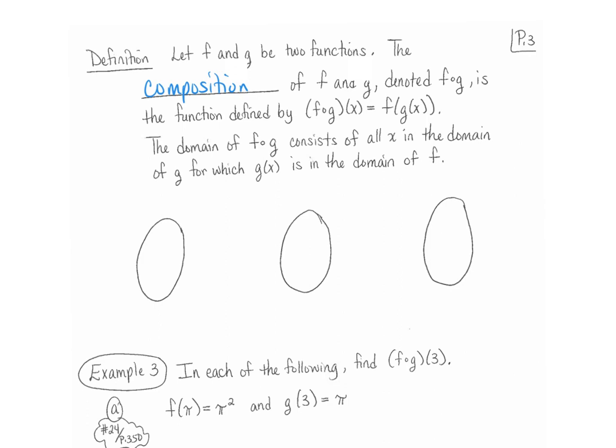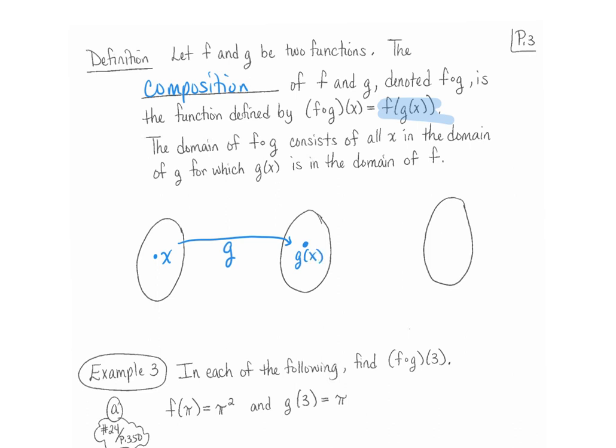So, if we start out with an element x over here, then whenever we are finding f composed with g of x, that means we take x and use our function g. x first goes into g, so that will map to the element g of x.